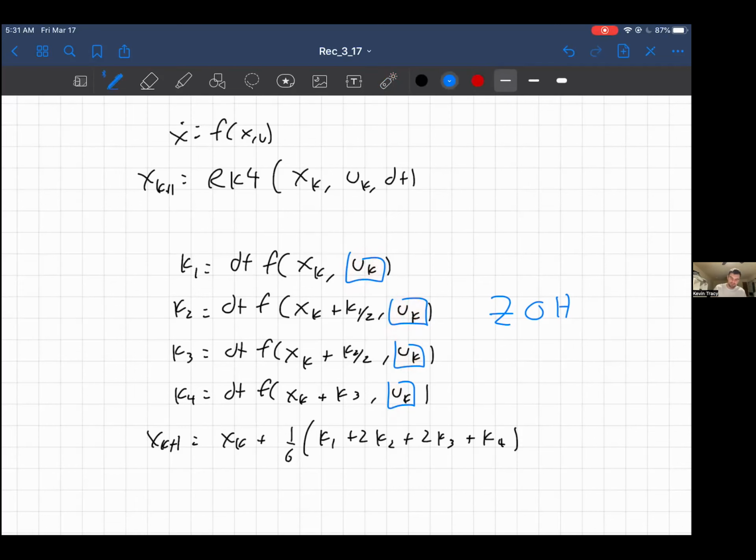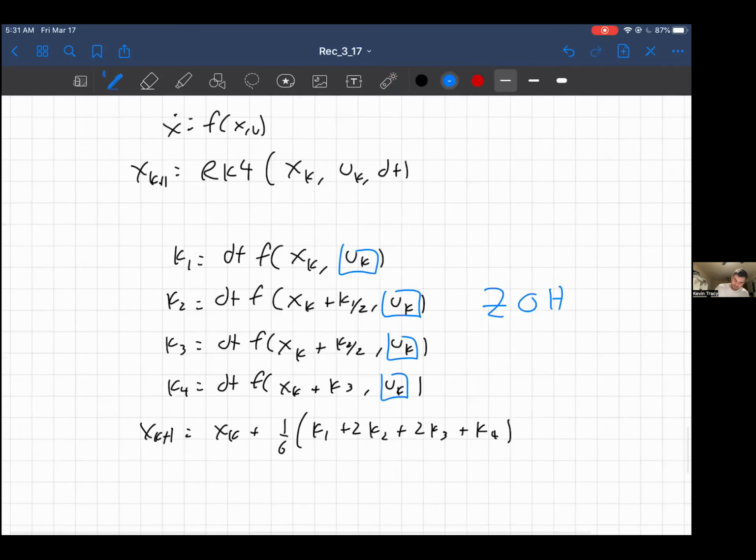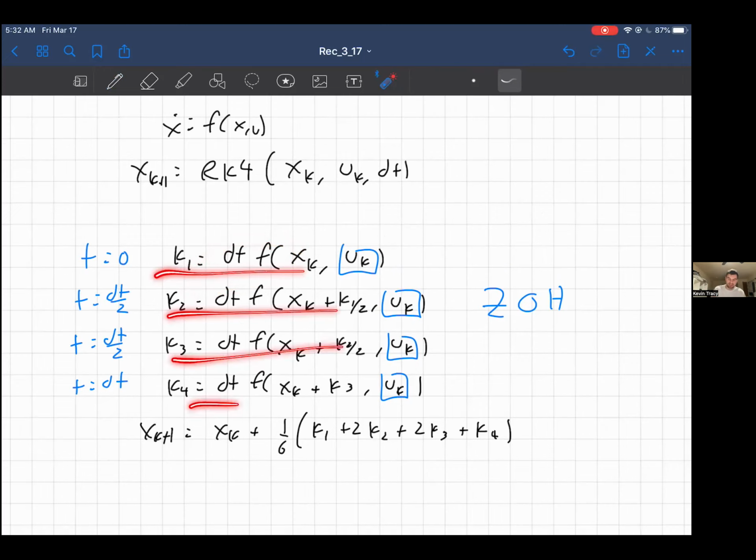Because if you remember, this thing is being computed at t equals 0, this is at the midpoint, this is at the midpoint, and this is at dt. The way RK4 works is that these function calls all happen at different times, and I'm cleverly using this to approximate to third order what my solution is, as a third order spline. For a zero order hold, that means u is the same throughout the whole time step, so u is going to be the same for each of these function calls.